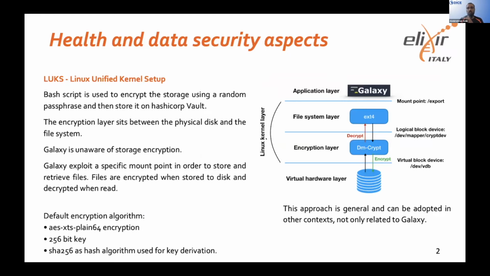So these are a collection of virtual machines, the Galaxy portal on a virtual machine, and then a collection of compute nodes to do the analysis on that data, and the data is stored on an encrypted volume. It is flexible so that you can have a backend, for example, a Slurm cluster, and each compute node is a virtual machine. So you can have this installed on the public cloud.